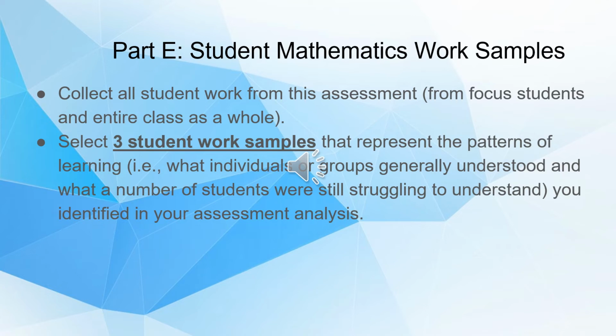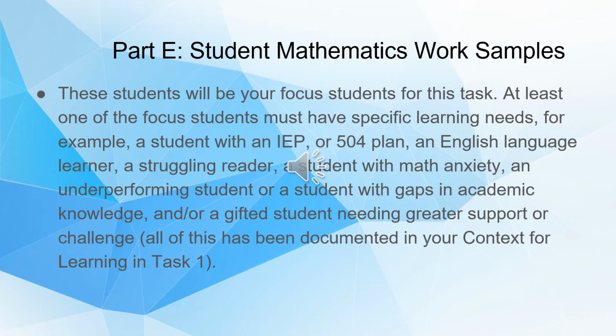These are going to be your focus students, so also think about how one of them has a specific learning need. So once you have these, remember that you want to specify what learning need one of your focus students has in your commentary. You want to make sure that you talk about that and you tell the reviewers, because you are required to have some kind of learning need. And remember, this can be very, very general.